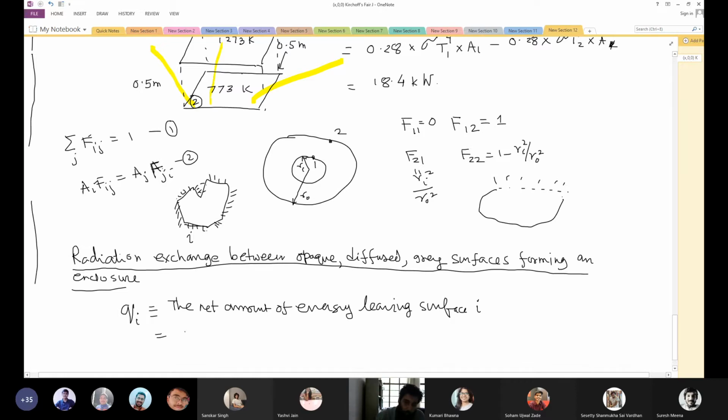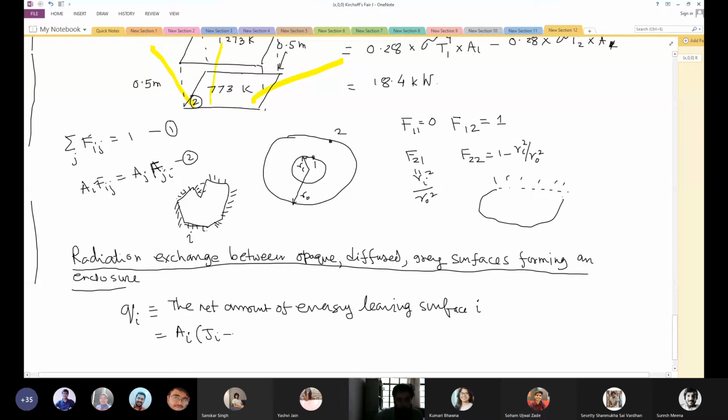What should I write in terms of radiosity and irradiation? Qi equals Ai times (Ji minus Gi). Ji is the radiosity of the ith surface, which is what it is releasing.